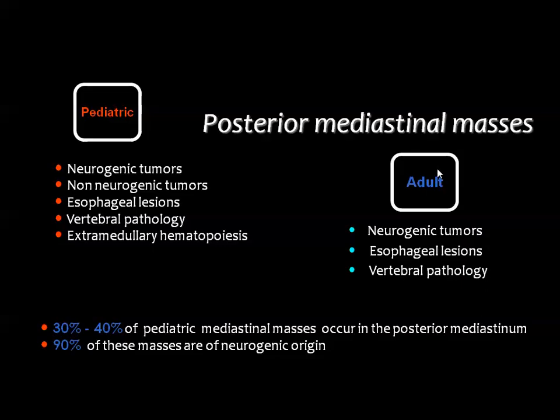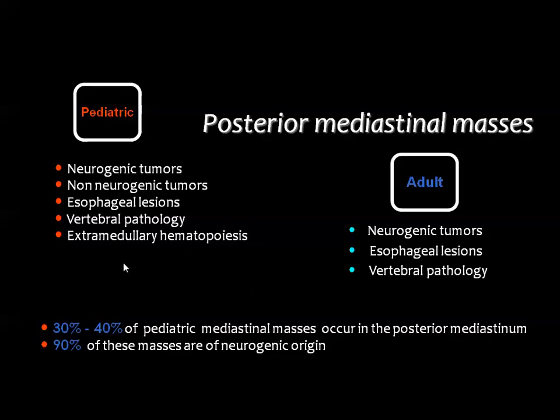In adults, we have three major pathologies in the posterior mediastinum: neurogenic tumors, esophageal pathology, and vertebral pathology.